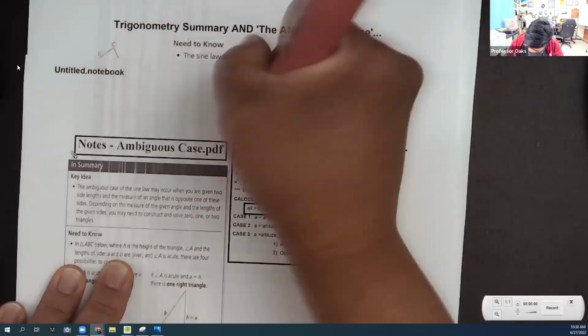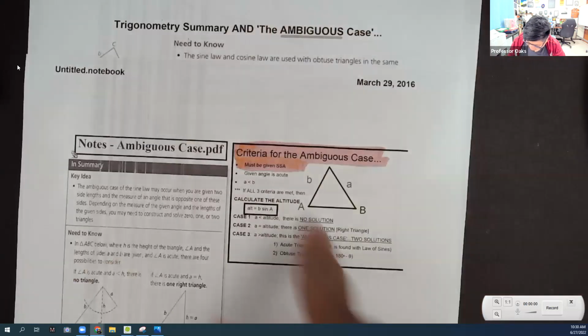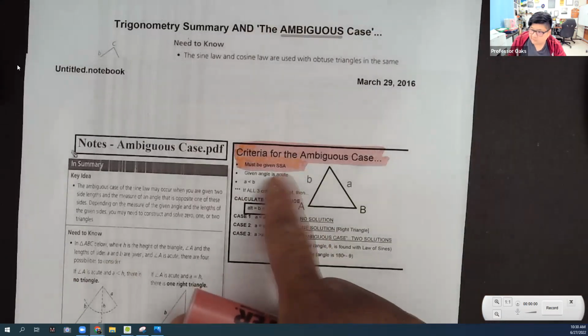And in that ambiguous case, it must be a side, side, angle triangle.